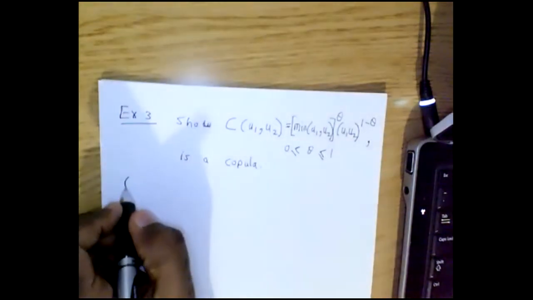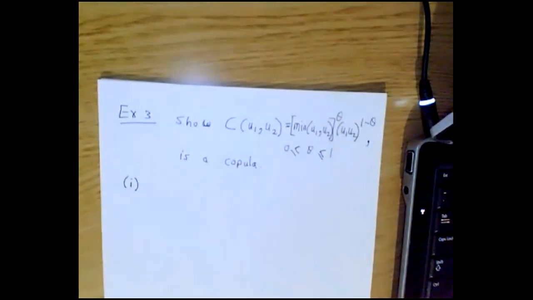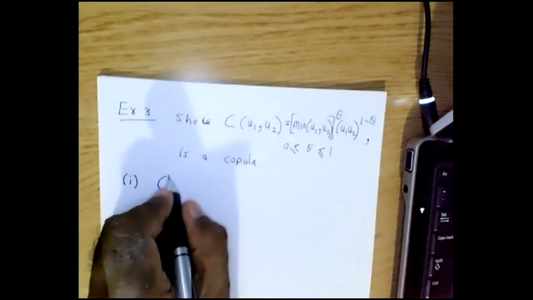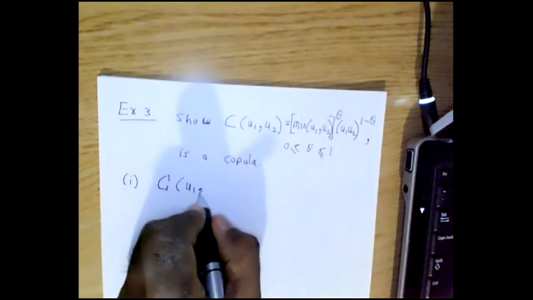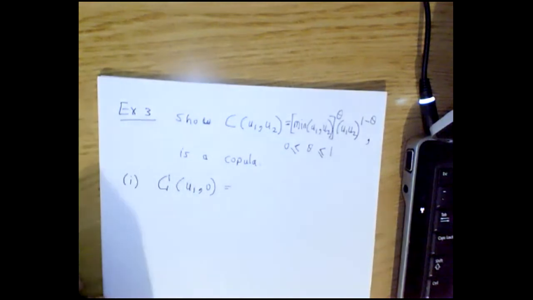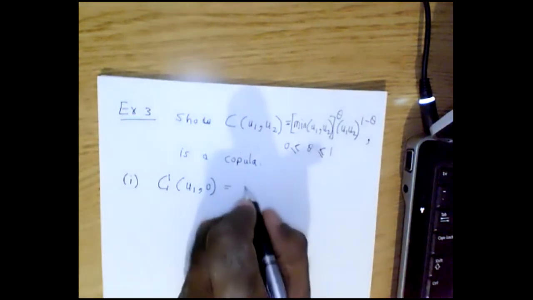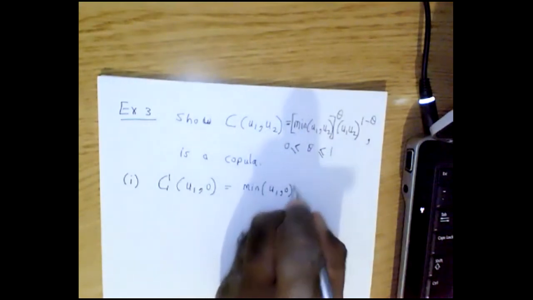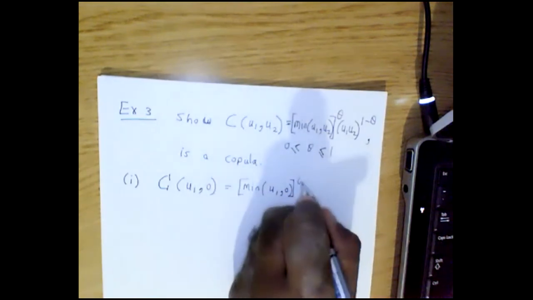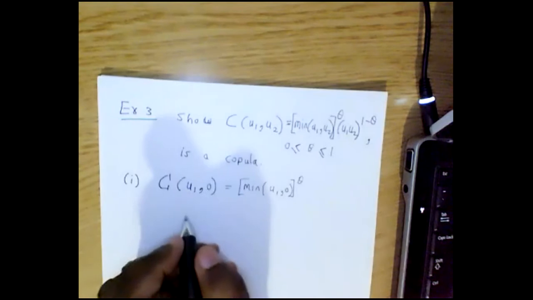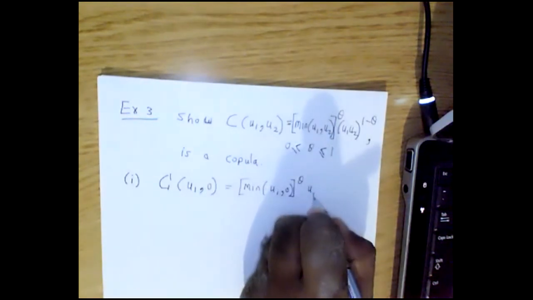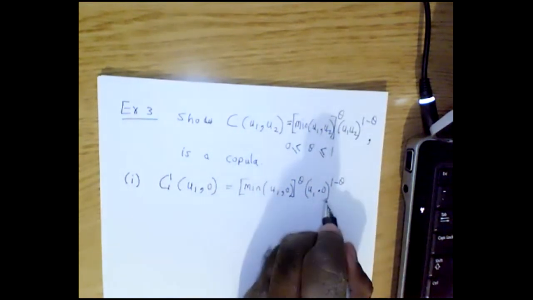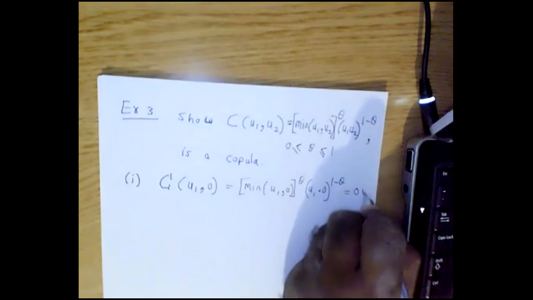All right, so the first condition we need to check is this, right? And this will be the minimum of u1 comma 0 to the power theta, then u1 times 0 power 1 minus theta. So this is 0, this is 0, so the whole thing will be 0, right?